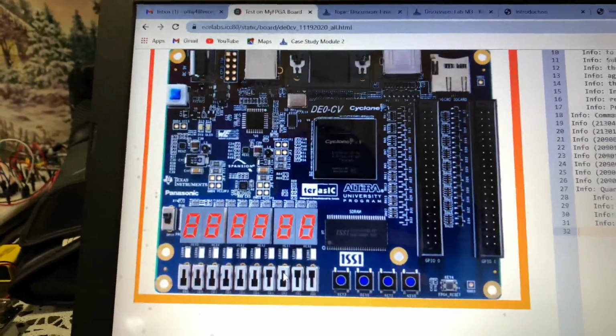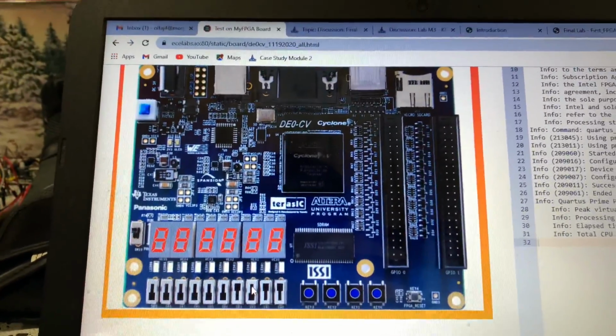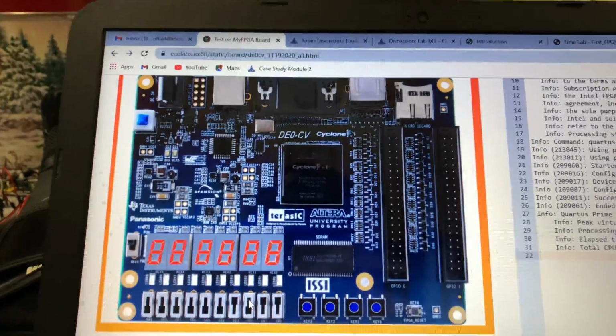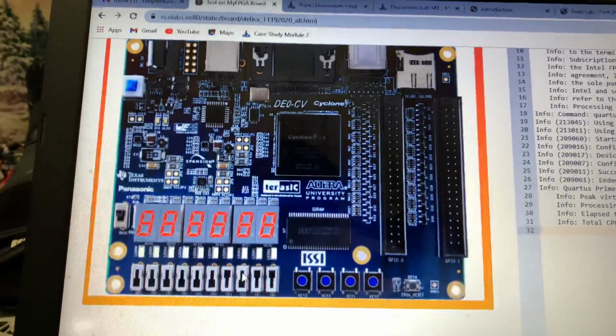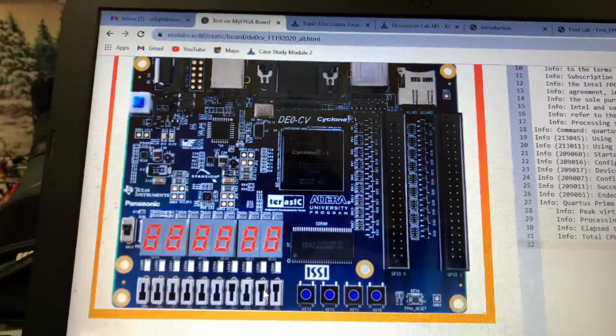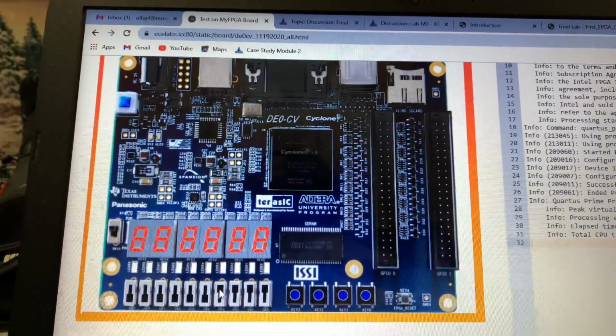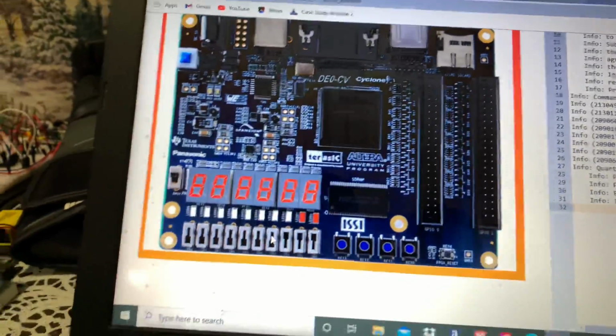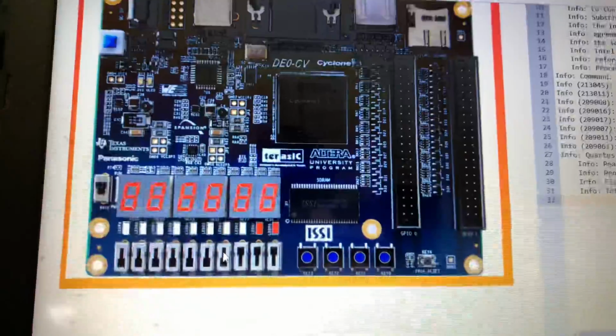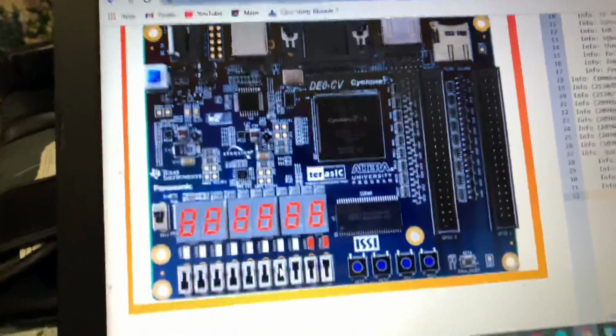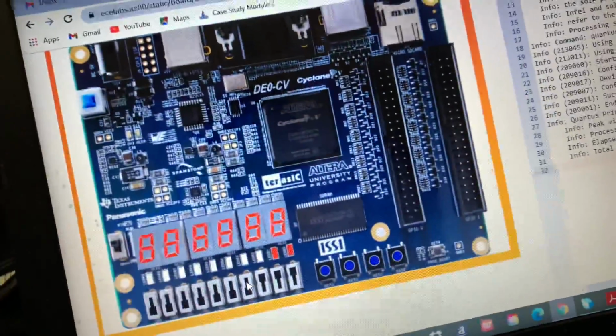The light should definitely be off at that point. Then I'm going to try 14 because we know the light should be on at 14. So 1, 1, 1, 0. Yeah, so at 14 the light is on. So this verifies that this is correct.